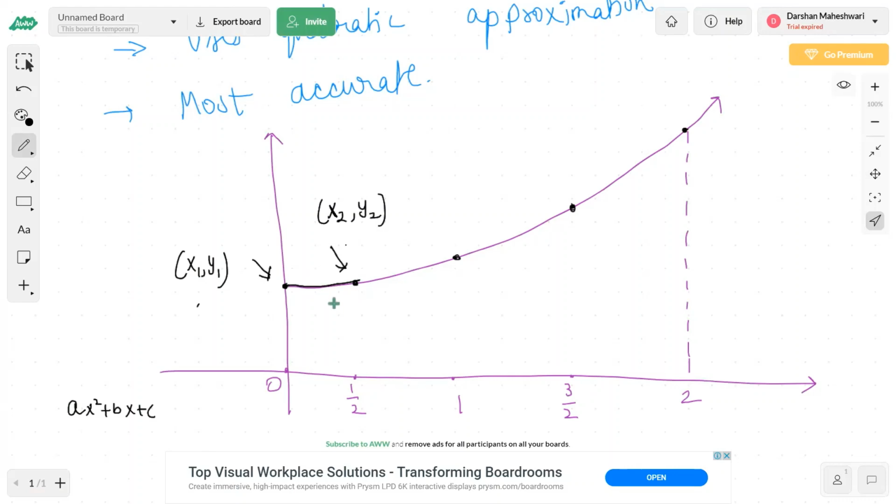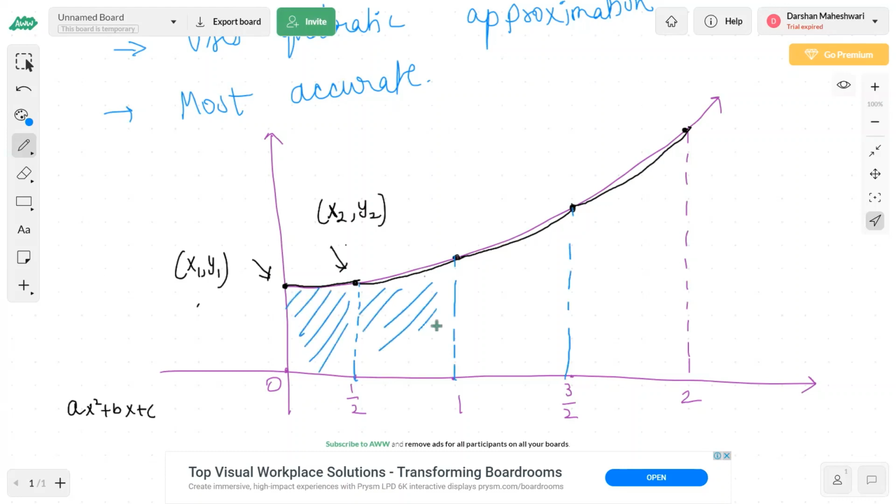So that is not a straight line, that is a curve. Likewise, we make it over here, over here, over here. This is not the best way to represent, but I hope you get an idea. We drop the perpendiculars at our intervals, and this is the area which we get as per the above formula.